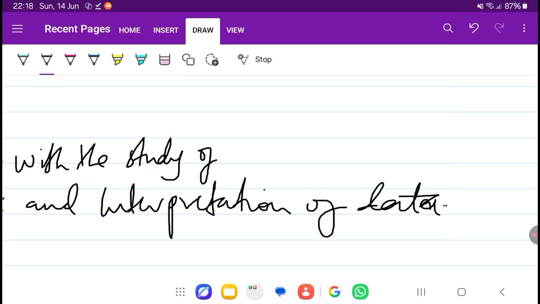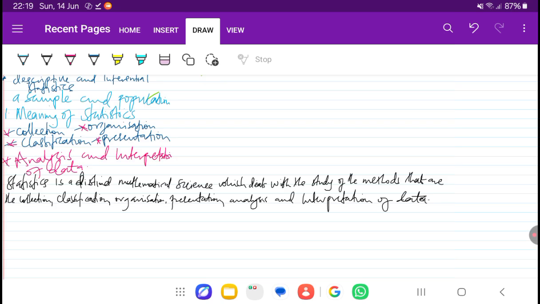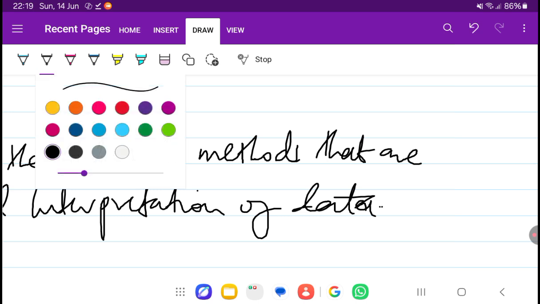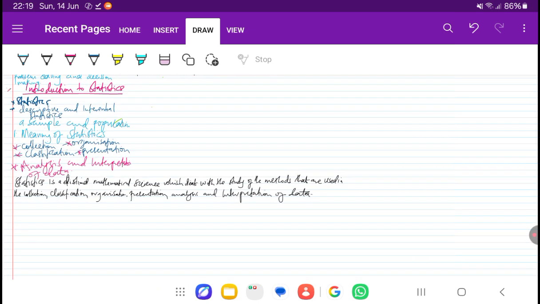It deals with the methods that are used in collection, classification, organization, presentation, analysis, and interpretation of data.